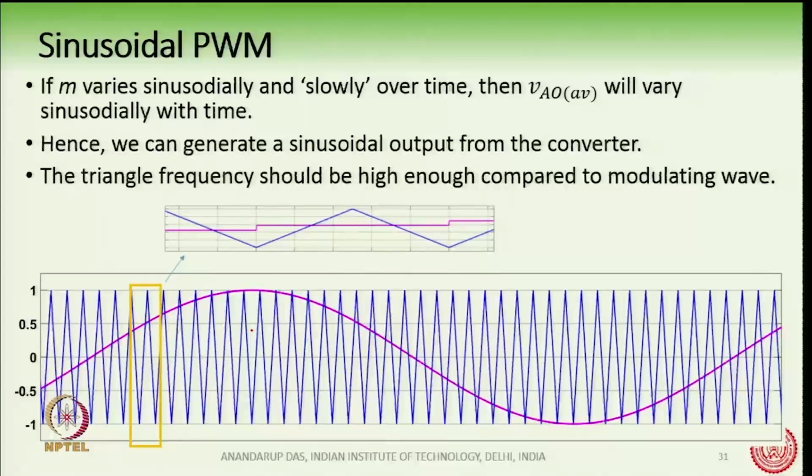So, coming back to this concept of sinusoidal PWM, we see that by changing the modulating waveform slowly and sinusoidally over time, we can generate a sinusoidal output voltage from the converter, and this is nothing but called sinusoidal PWM.